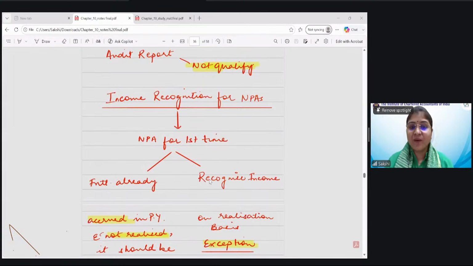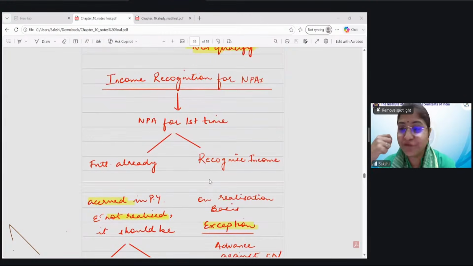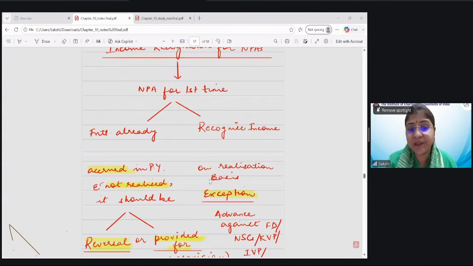Okay. So now coming to income recognition for NPAs. How do we recognize income for NPA? Now, please try to understand very carefully. If it has become NPA for the first time, and interest has already accrued in the previous year, interest was accrued, it was due, but not realized.